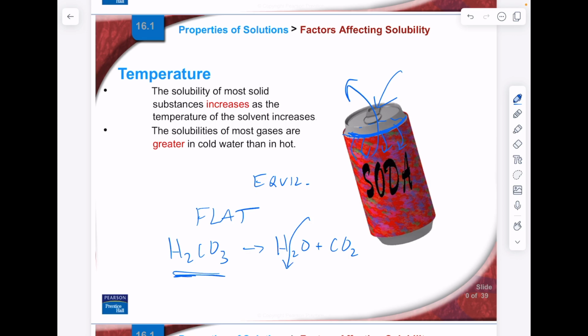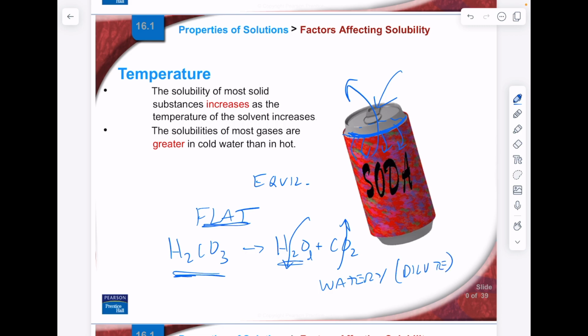The water is a liquid, and it dilutes the soda. The carbon dioxide is a gas, and it escapes the soda. So not only does the soda taste flat as it reaches room temperature, but it also tastes a little bit more watery.